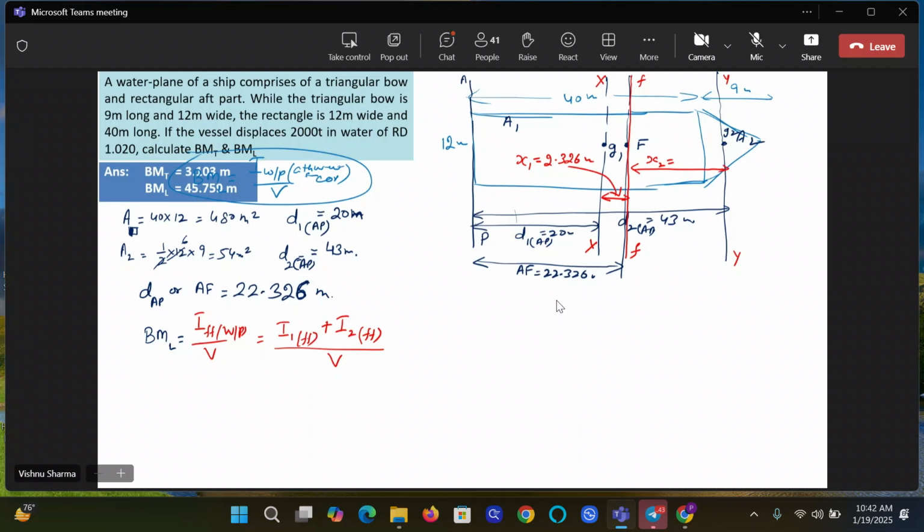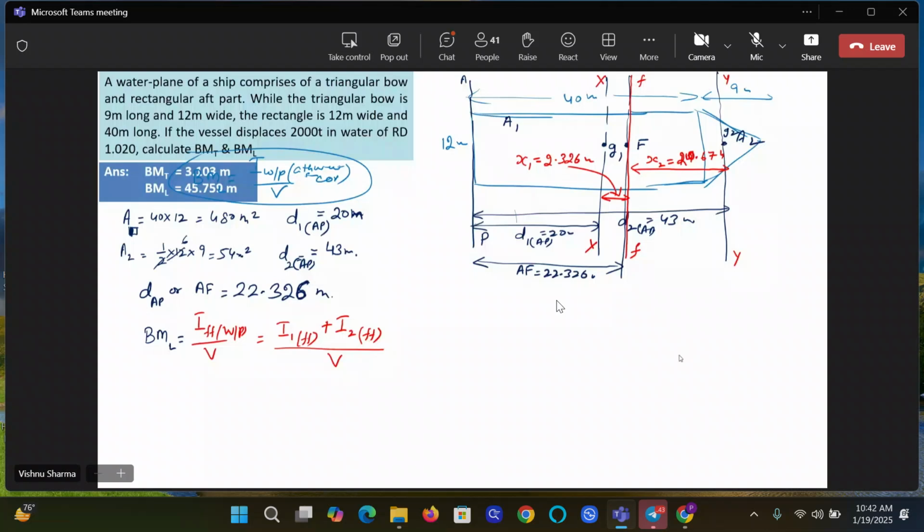And give me the answer. How much is the point? 20.674. Okay, 20.67. Guys, the more you load the diagram, getting the values when you solve will be easier. You see, I'm loading the diagram well.